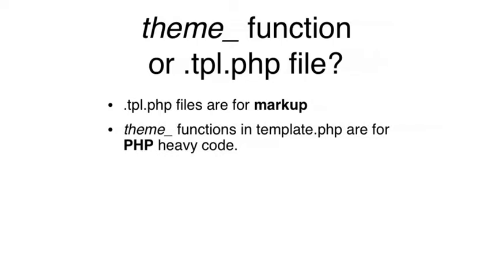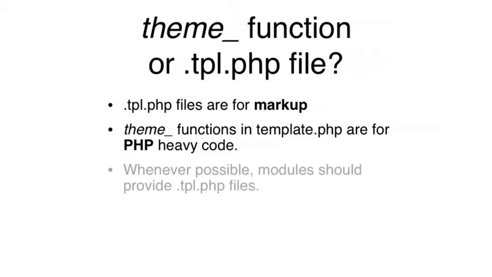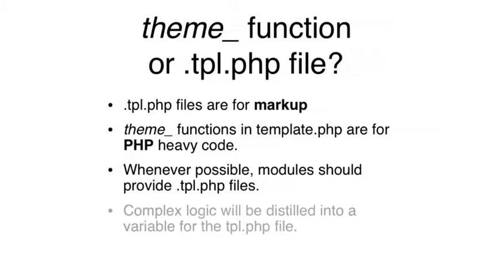The theme functions and preprocess functions in template.php are very PHP code heavy, with limited markup in there. Because whenever possible, your modules are also going to be providing these TPL files, and then your themes can override them. Complex logic always will take place in your template.php to create a variable to pass to your TPLs.